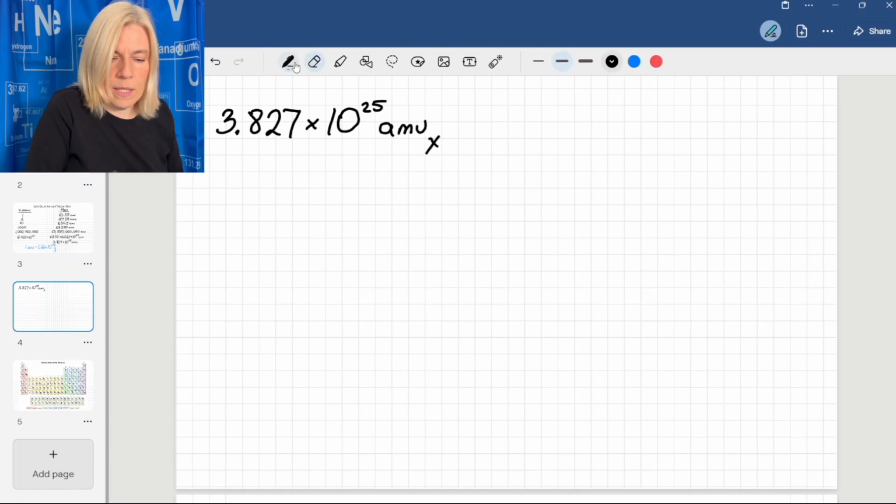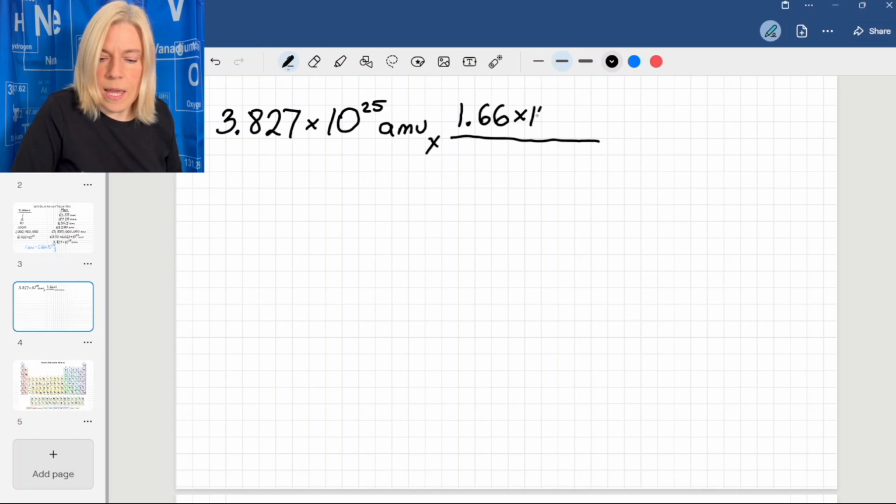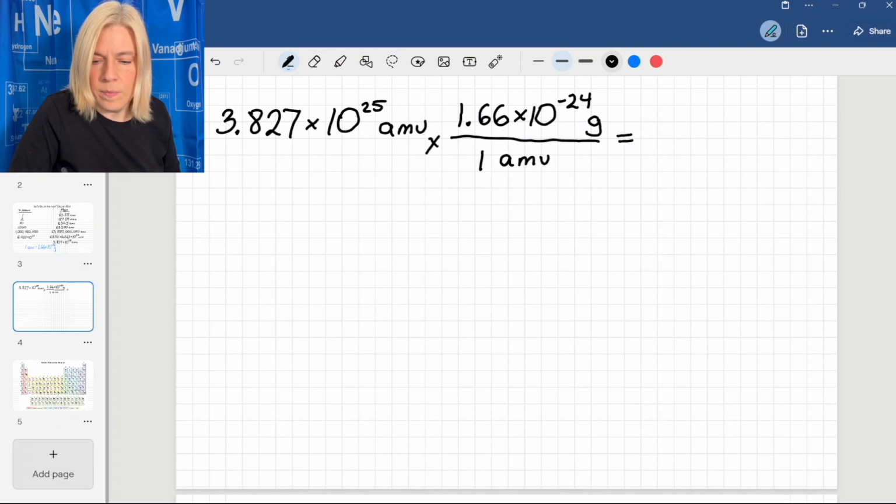So I have 1.66 times 10 to the negative 24 grams is 1 AMU. And my units nicely cancel out. My AMUs cancel out.